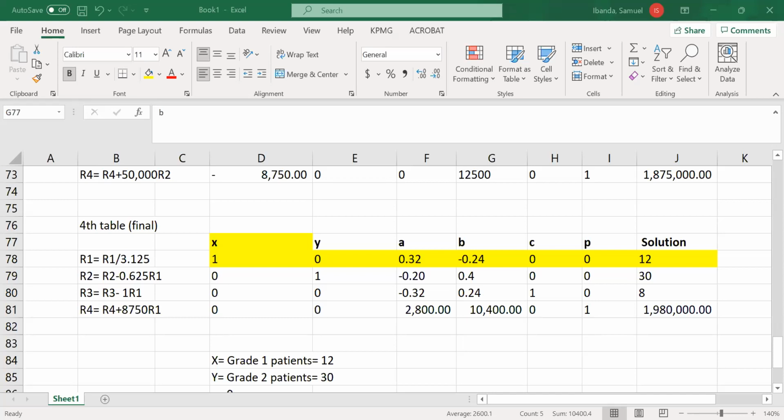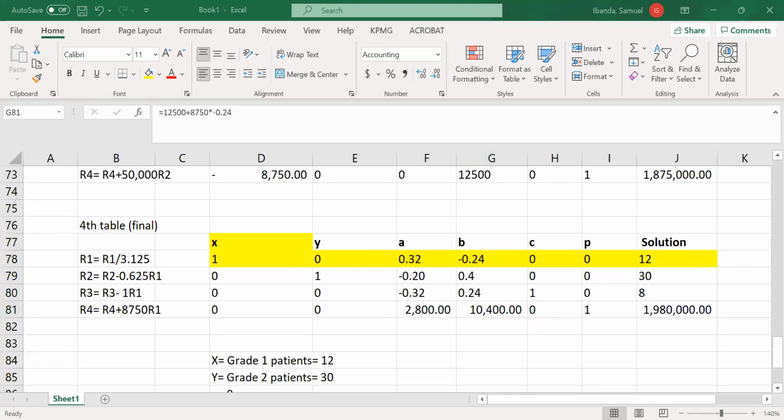Not having any 0 on each of them means that those 2 sections are scarce in nature. There's no redundancy in drugs, and there's also no redundancy in doctors' hours.